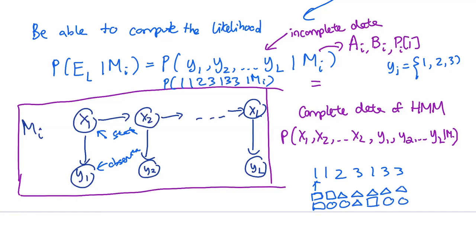Unless I'm very lucky and every state only generates a particular observation, there could be multiple state sequences that lead to the same observation, right? So in order for me to characterize this probability, I have to sum over all the possible states which could have generated this particular sequence of observations, right?